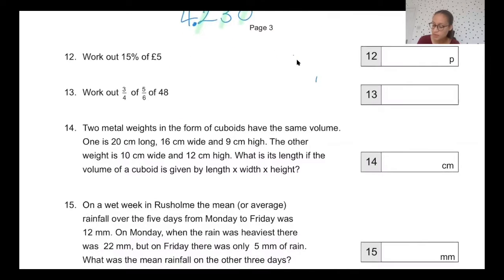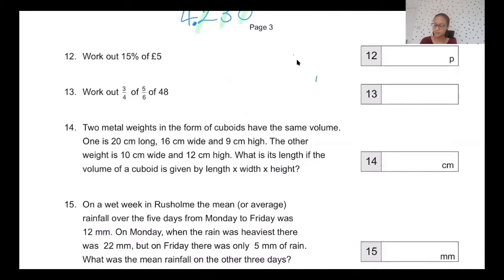Okay. Work out 15% of £5. I'm just going to show you this one. So the way you can do percentages, there are lots of different ways that people do it, is so 100% is £5. If I want 1%, divide by 100. So £5 divided by 100.